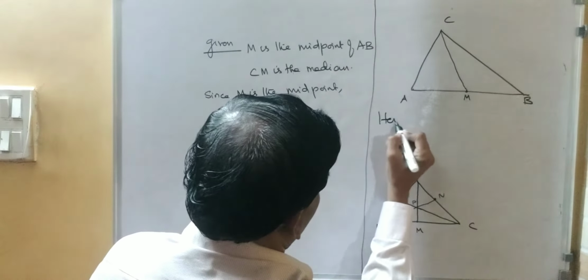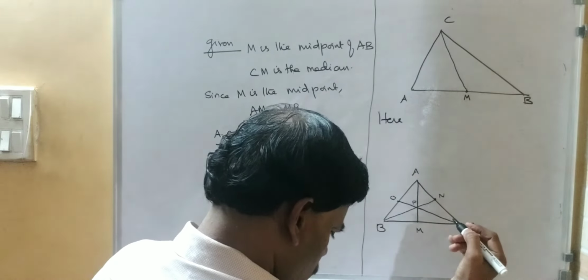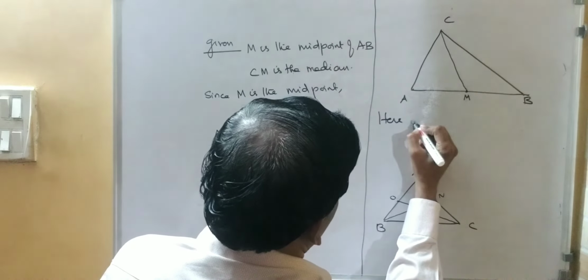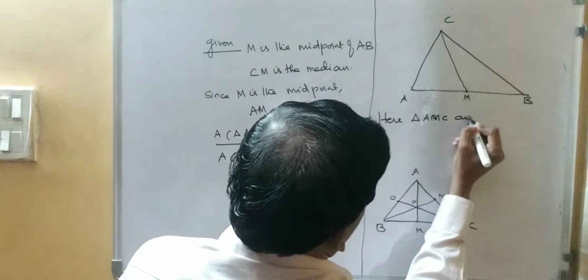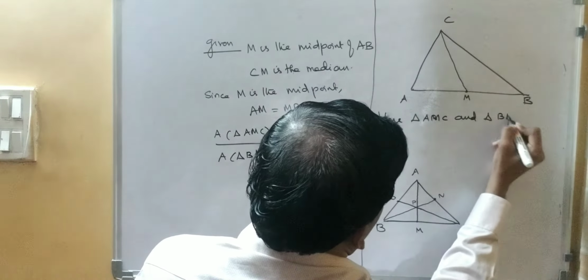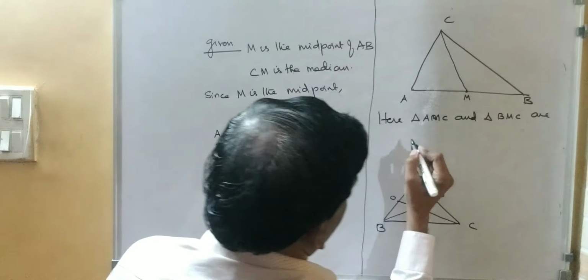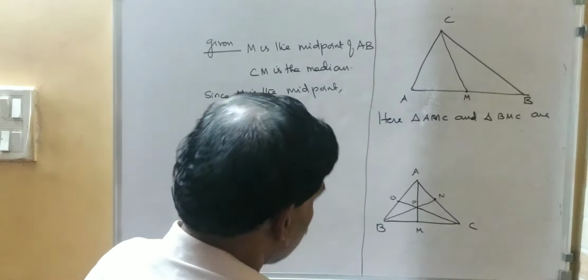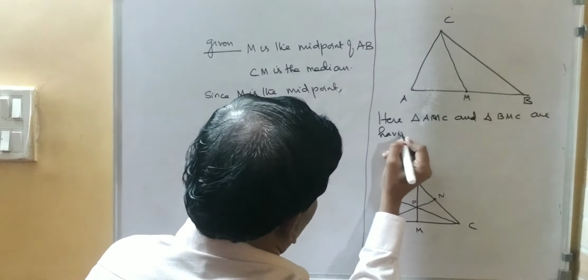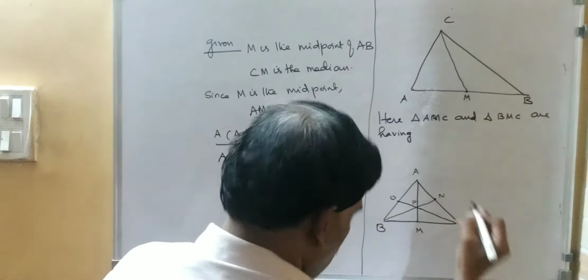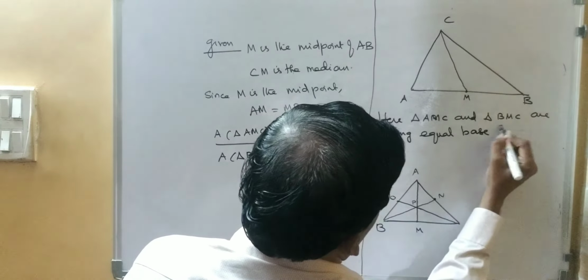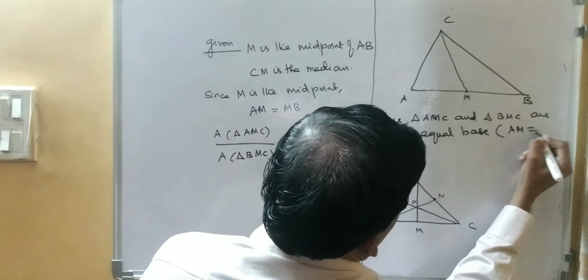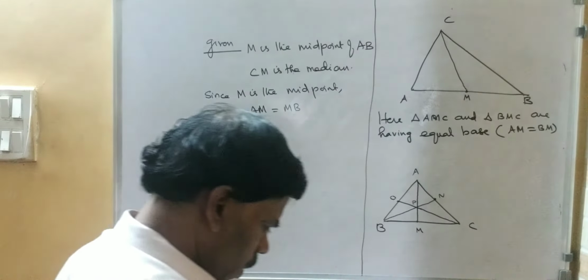Triangle AMC and triangle BMC are having equal base. Equal base means what? Because AM equal to BM.